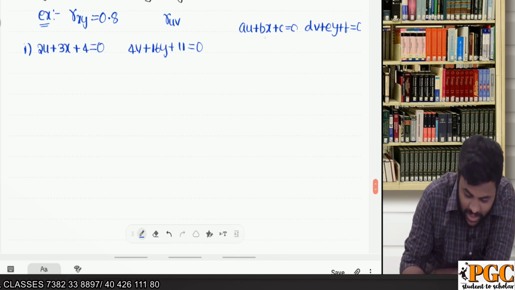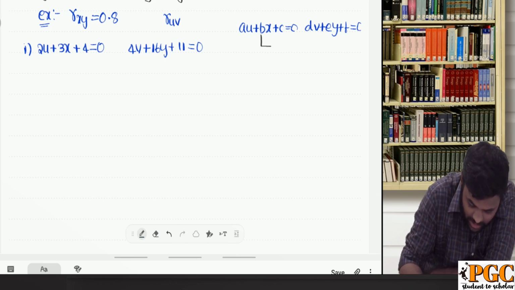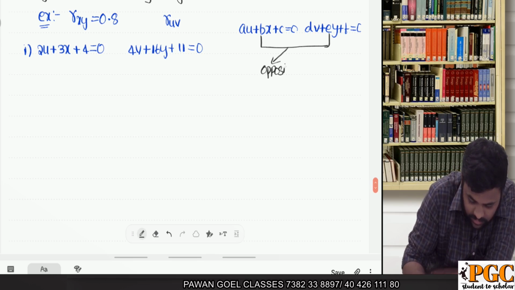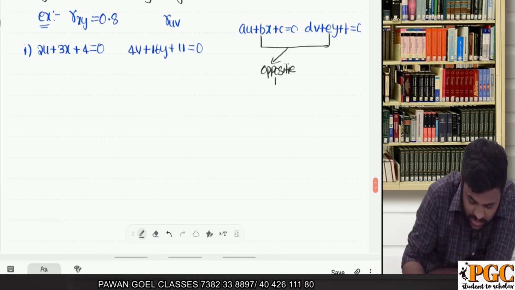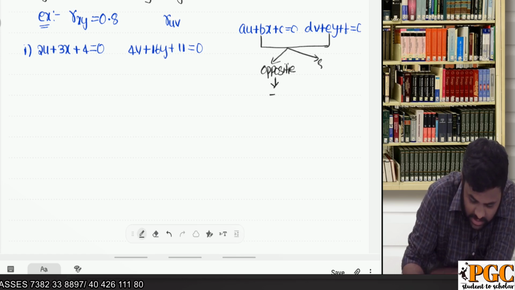Now since Rxy is given, you are supposed to compare the symbols of x and y. If x and y have opposite symbols, the final answer is supposed to be minus. If x and y have the same symbols, the final answer is supposed to be plus.